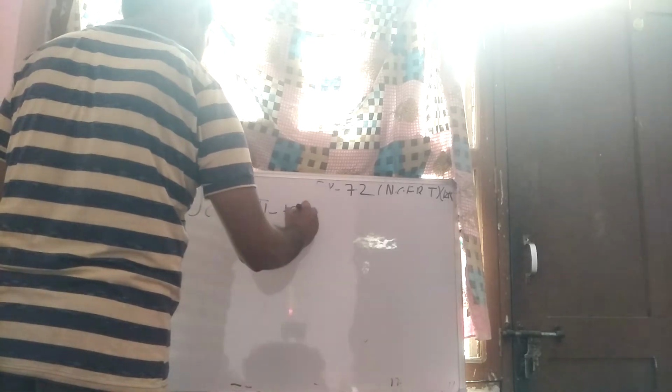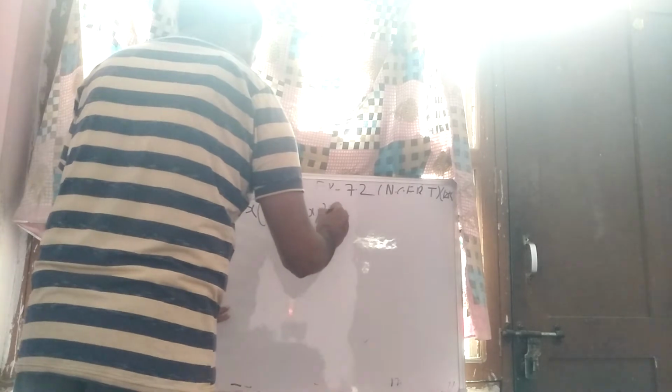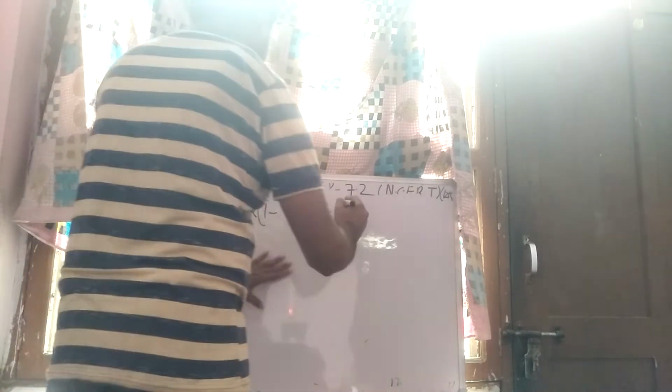Next: cos square x into the bracket 1 minus tan x power 2. 1 upon cos square x we also write as sec square x, and sec square x into dx. Here is 1 minus tan x.